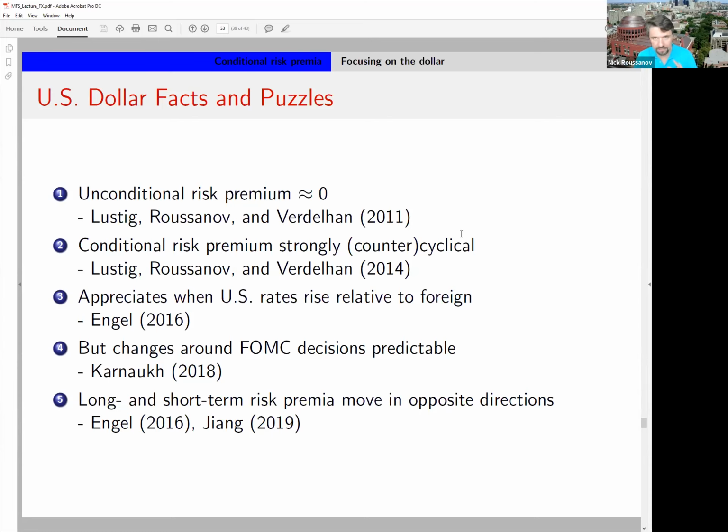This logic applies to real exchange rates and real interest rates, and in fact, Engel's evidence is for real exchange rates and interest rates. So this is something, again, that is totally standard to most practitioners: when the Fed cuts rates, the dollar on impact depreciates.